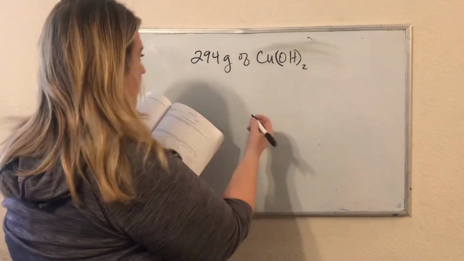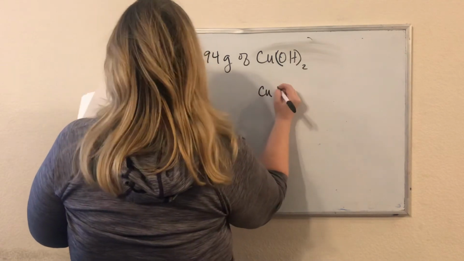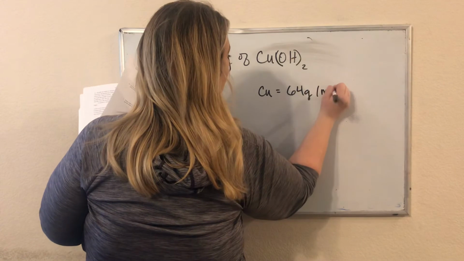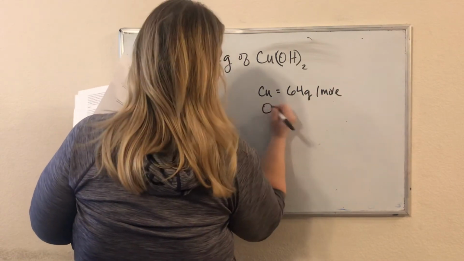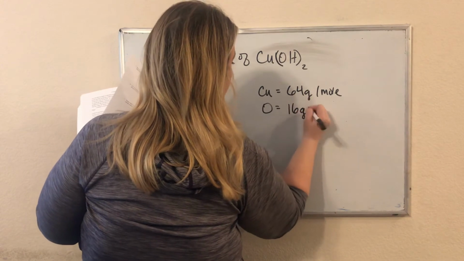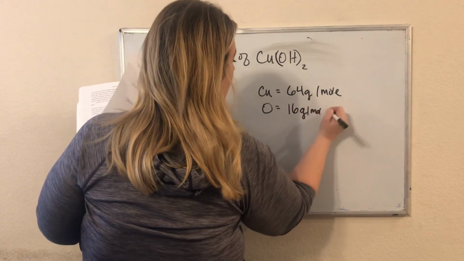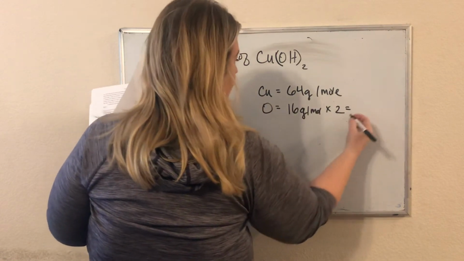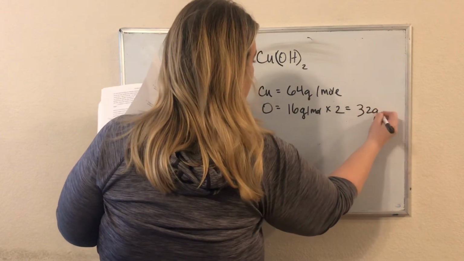Okay, so copper is 64 grams per mole. And then we've got oxygen, and that's 16 grams per mole. But there's 2 of them, okay? And that is 32 grams.